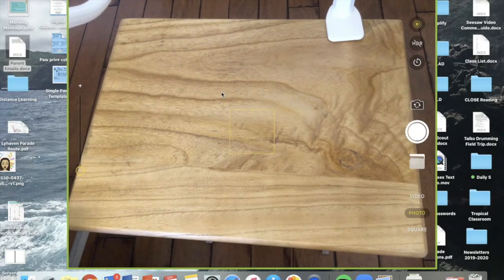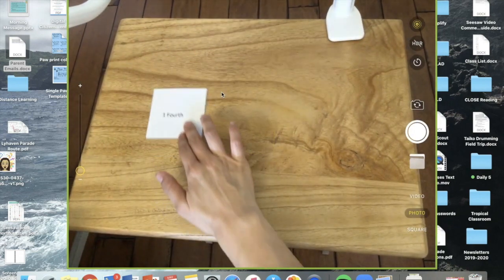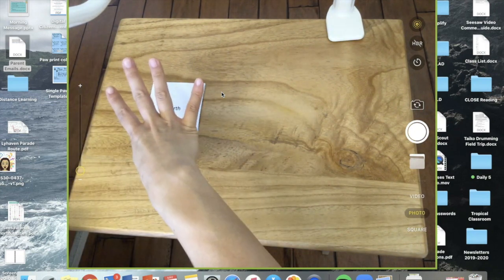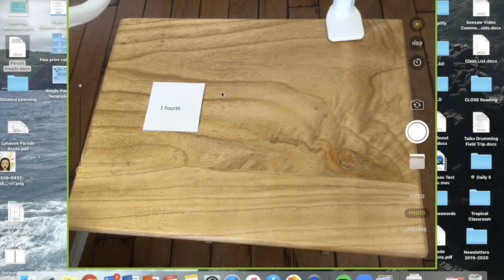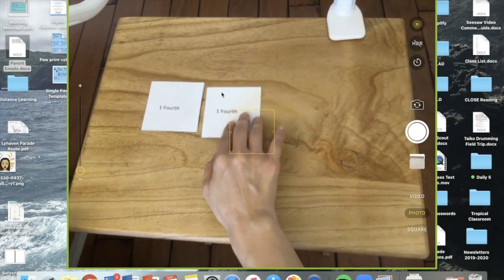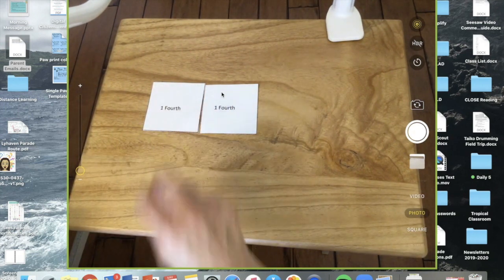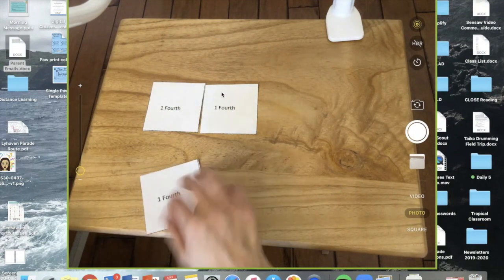Okay, so now I'm going to work with shapes that are going to show 1/4. So take a look at this. This is 1/4 and it kind of looks like a square. And remember, because I'm using fourths, I'm going to have 4 total parts. So I have 1/4 right here, and I'm going to add on. This is 2/4 because there are 2 total parts. And then there are 3/4.